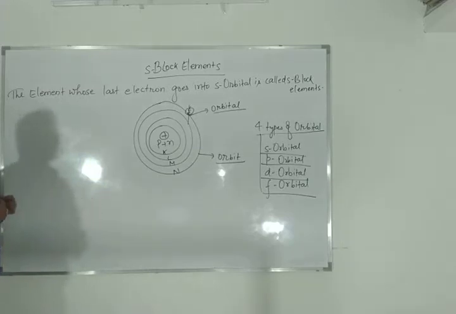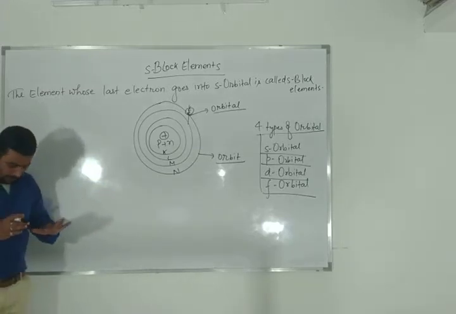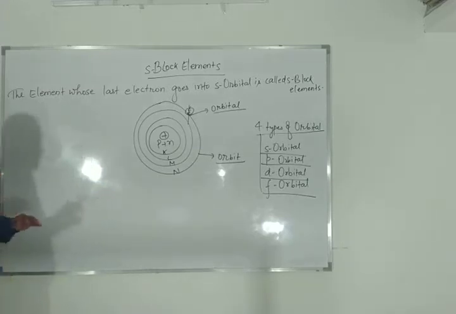Just to make you understand what s block elements are. The elements whose last electron enters, accommodates, or you can say goes into the s orbital are called s block elements.